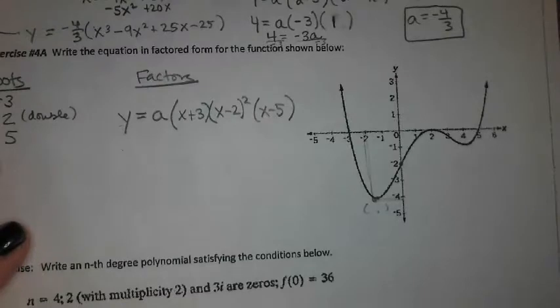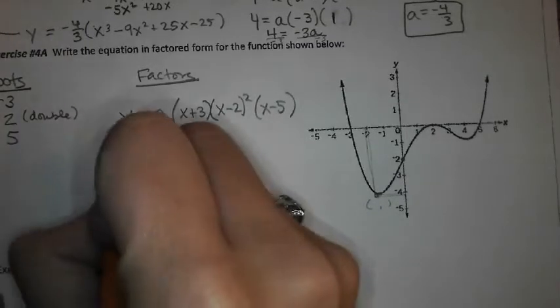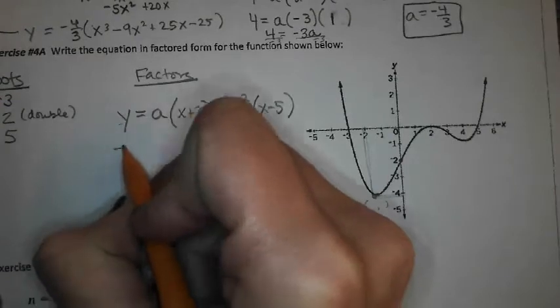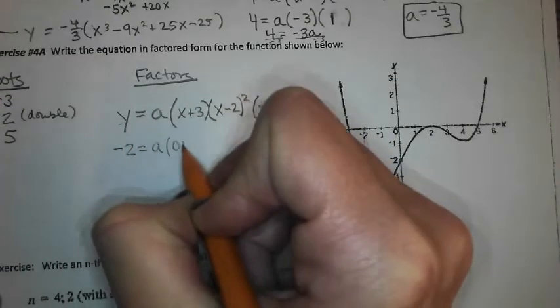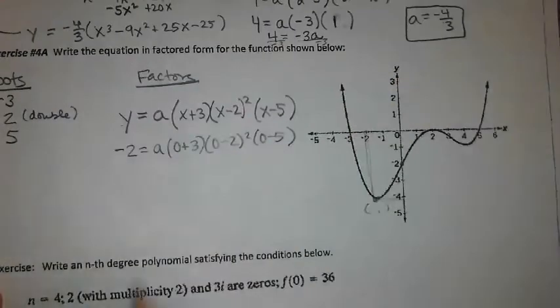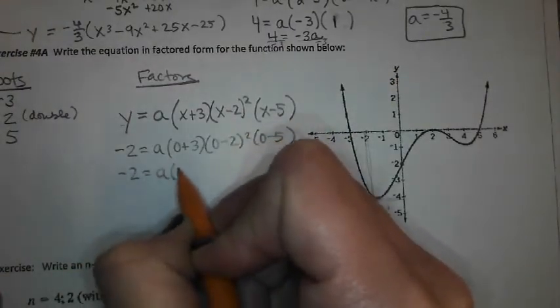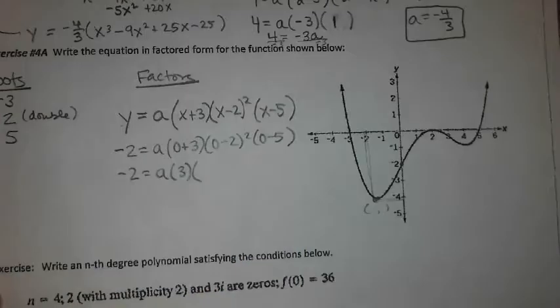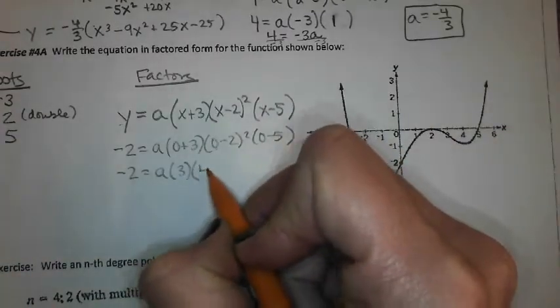So let's just do 0, -2. If you want, Kaylee, I'd love if you did -2, -4 on your own and see if we get the same answer. What happens to 0 minus 2 when I square it? 4, good.